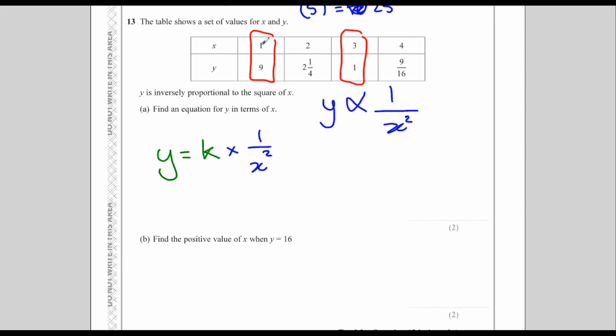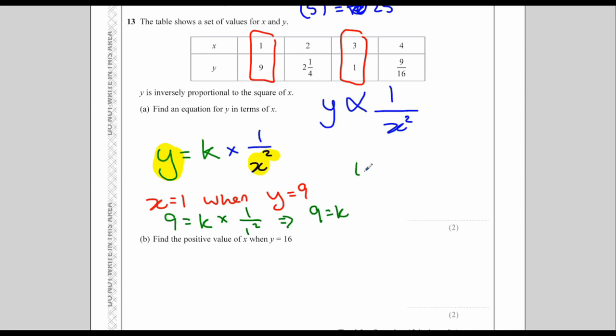So how about we pick these 1 and 9. So x equals 1 when y equals 9. So substitute these into the equation for y and x. So 9 equals k times 1 over x squared. Well, 1 squared is 1, so this is just a fancy way to write 1. So that means 9 equals k, or k is 9.